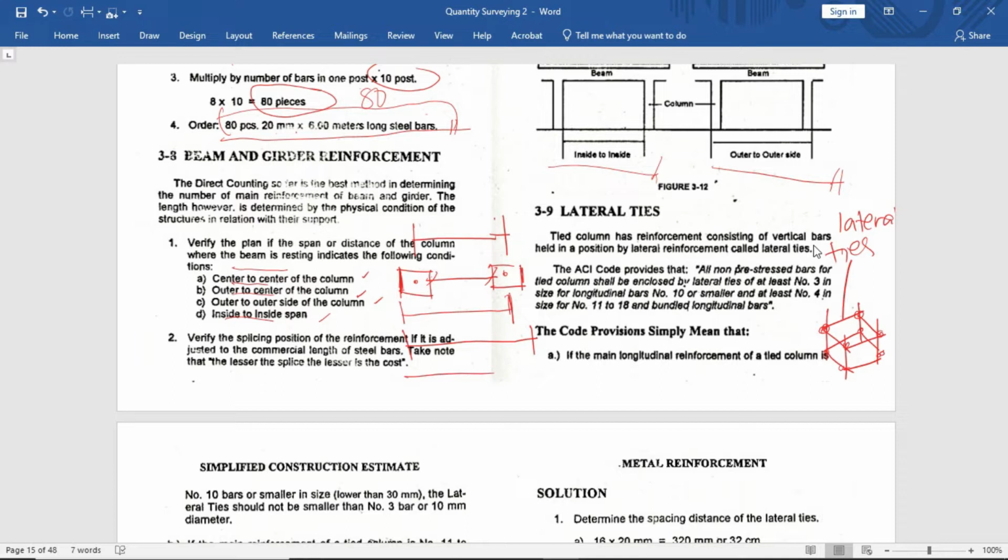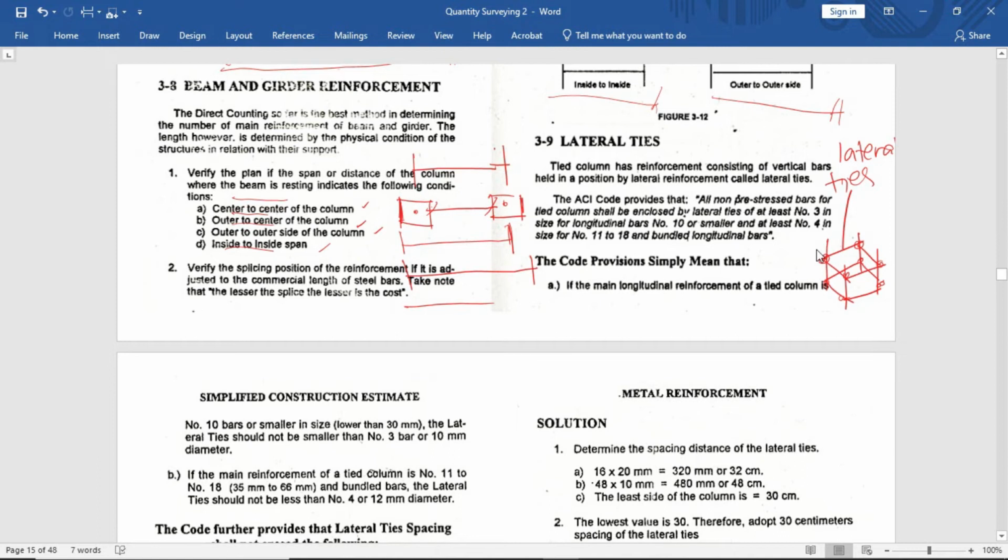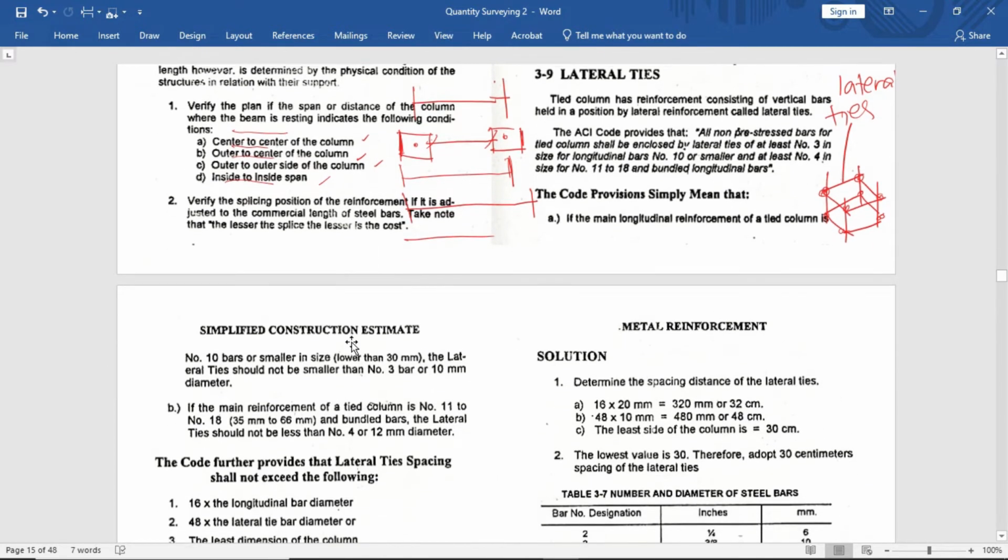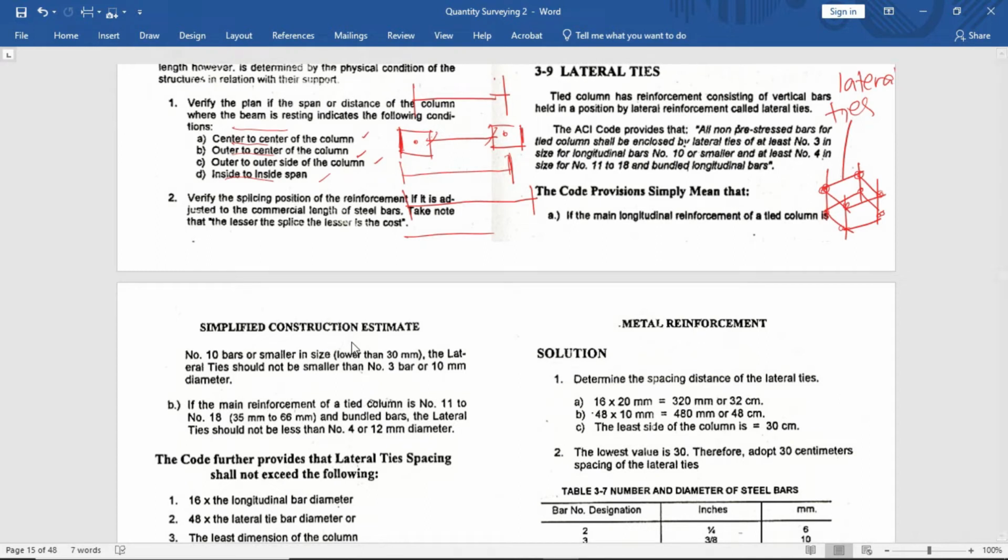So, the code provision simply means that if the main longitudinal reinforcement of the tied column is number 10 or smaller size, lower than 30 mm. So, mas maliit daw sa 30 mm yung diameter. The lateral ties should not be lesser than number 3 or 10 mm diameter.